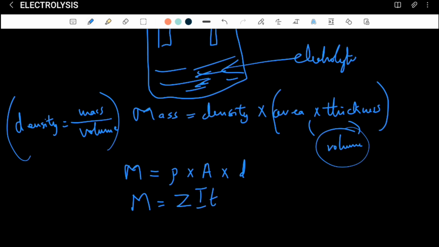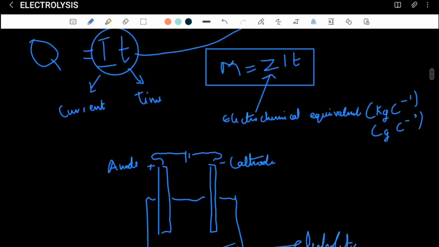And then we know that mass equals, initially, electrochemical equivalent Z times current times time, ZIT. You have this. So if this equals this, that means you can substitute, so density times area times the thickness equals ZIT. All right, so that solves the first law.